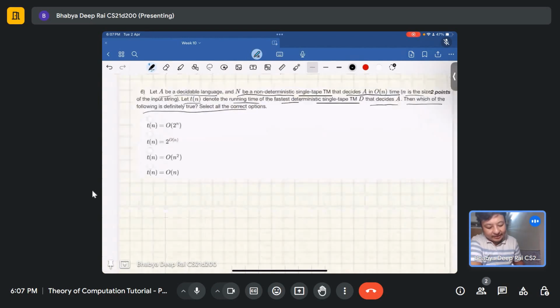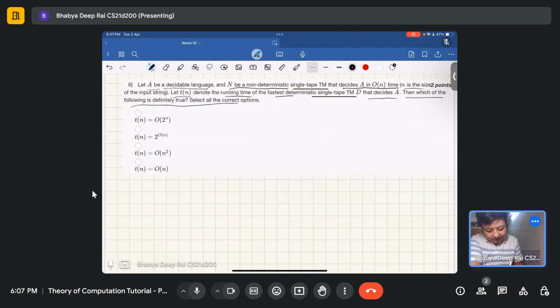So firstly, let's break it down. A is a decidable language, and A is decidable via a non-deterministic Turing machine, and let us call it M1.